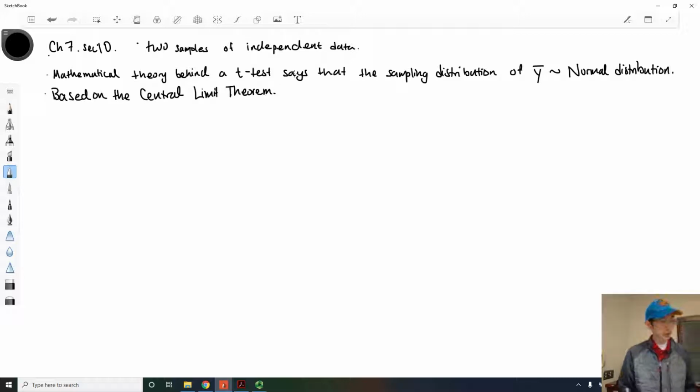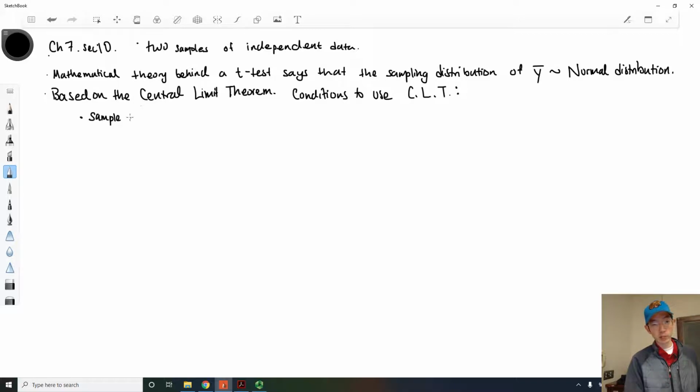Okay, and in order to use the central limit theorem, there were two conditions. Basically the conditions to use the central limit theorem were: samples must be selected independently and randomly.